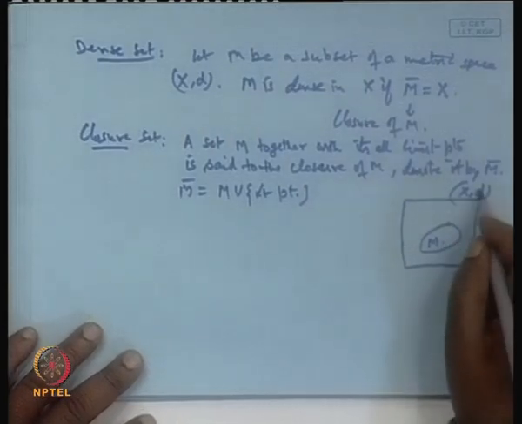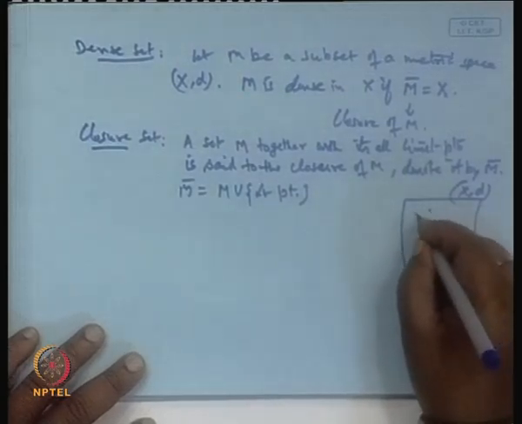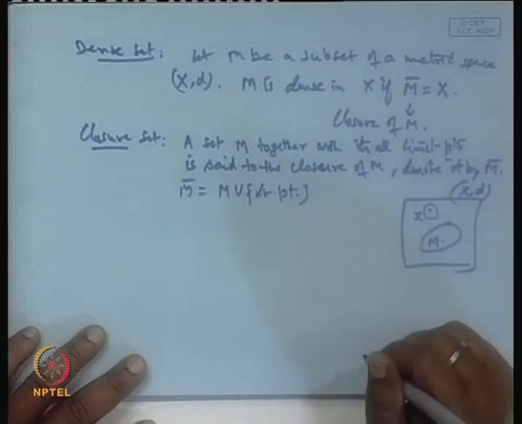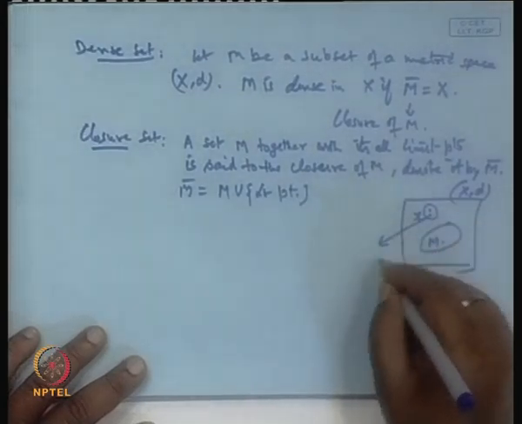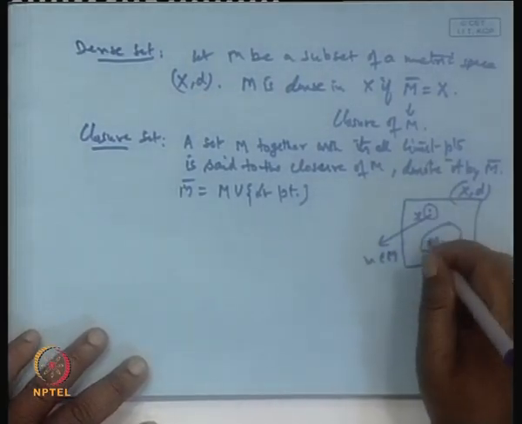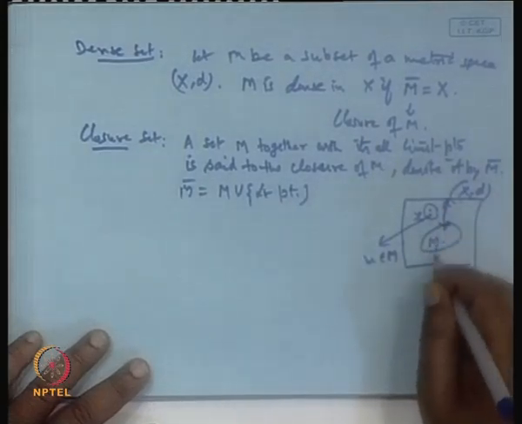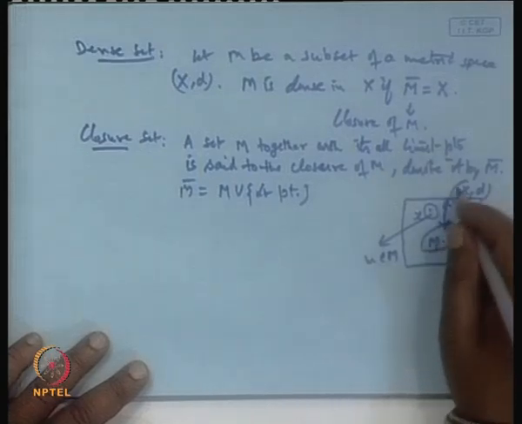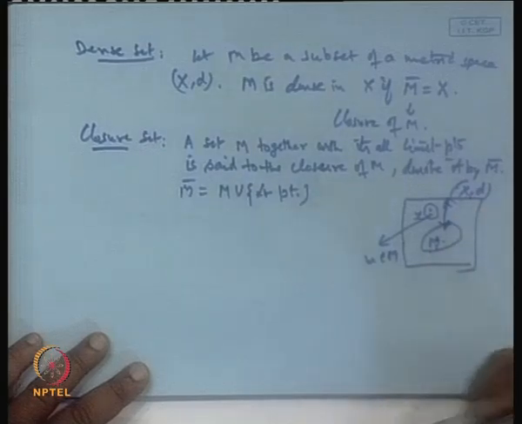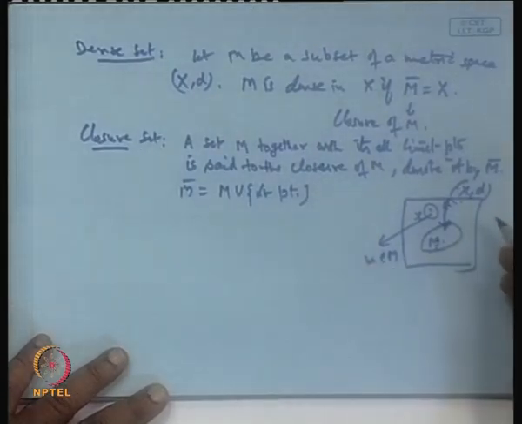If we say the closure of M is X, it means if we pick any arbitrary point x belonging to X and draw a ball however small, it must include some point belonging to M. So M and X are very close to each other; we cannot separate these two. Whatever point x you choose and draw a neighborhood, it will definitely include some points of M. Then we say the closure of M is X.